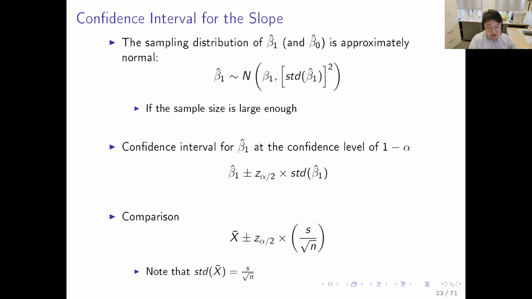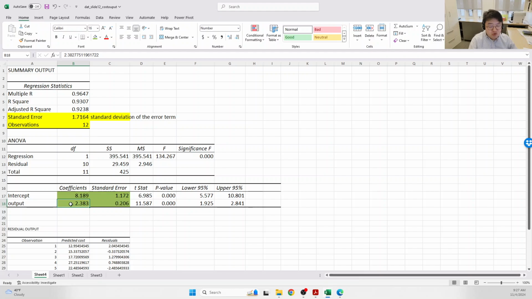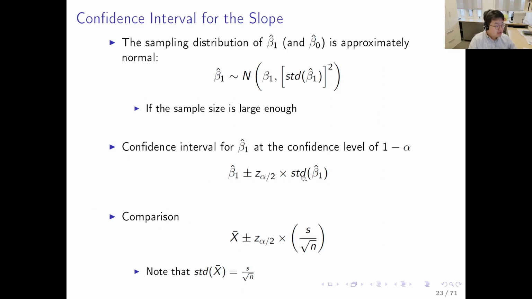The point estimator is this number, 2.383, and the standard error is 0.206. So we have the point estimator and the standard error given in the table here, and you obtain z alpha over 2 from the normal table, or from the slide, the same table we use. Then that is the confidence interval, given the confidence level of 1 minus alpha.